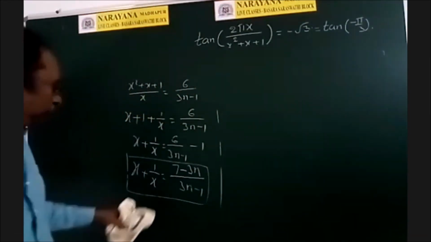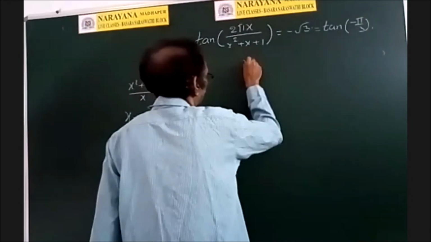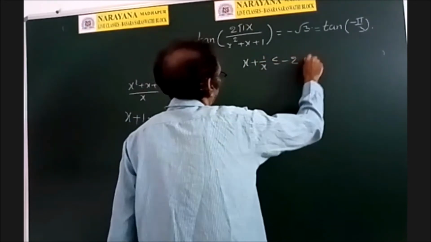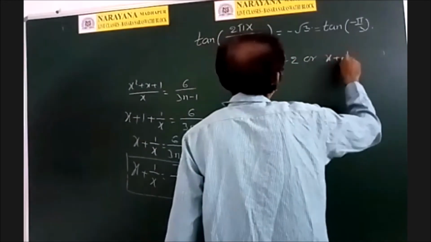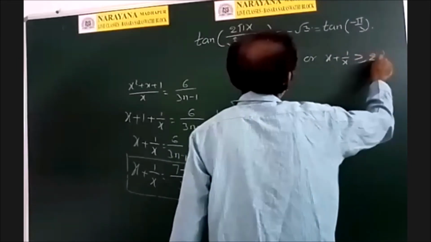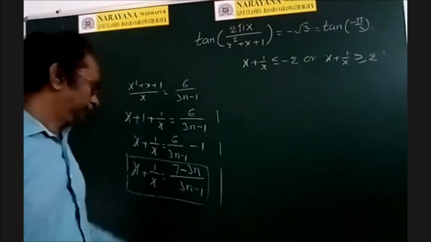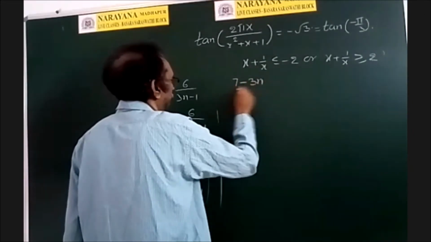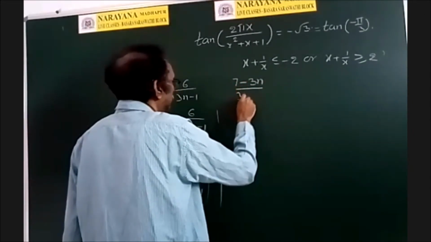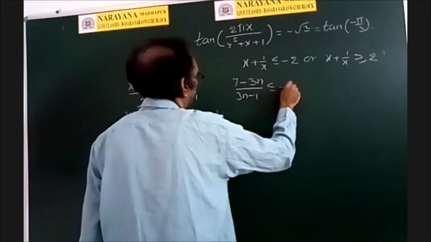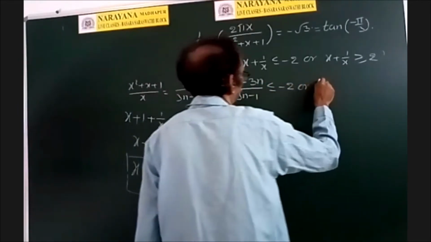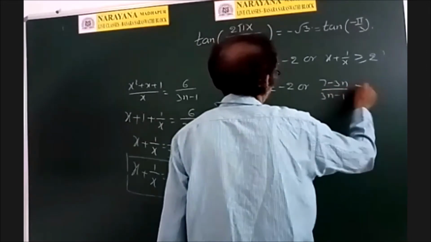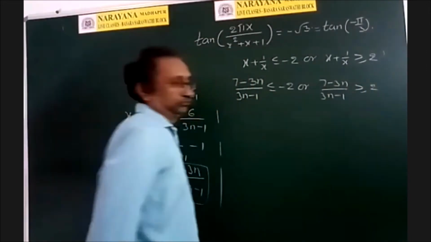Right, see, we know that x plus 1 by x less than or equal to minus 2, or x plus 1 by x greater than or equal to 2. And therefore, 7 minus 3n by 3n minus 1 less than or equal to minus 2 or greater than or equal to 2.